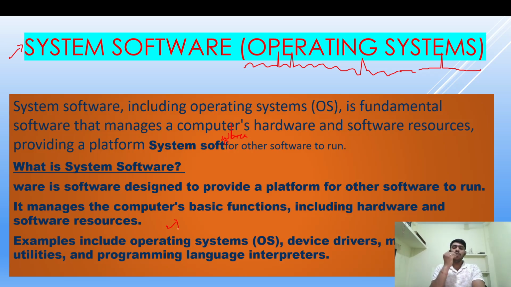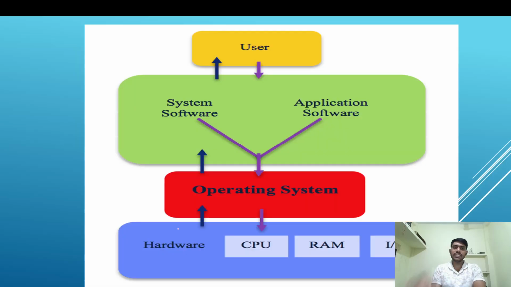And we have programming language interpreters, which convert programming languages, human level language, to machine level language. So this is what system software is, and what is the role of that? Next slide.